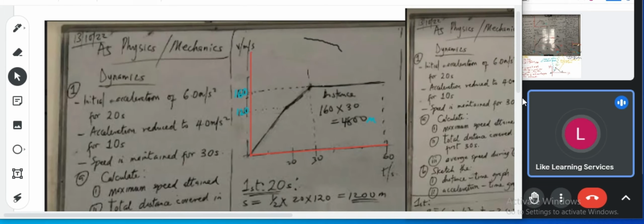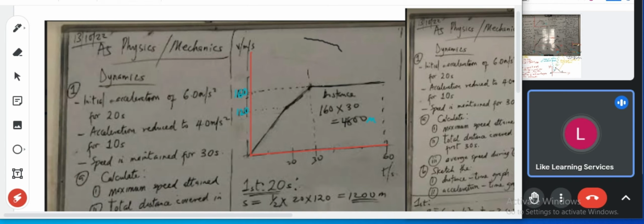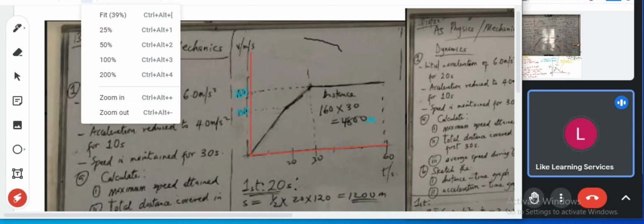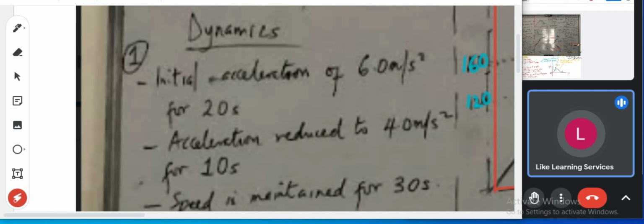I'm sharing on this screen. Look at this illustration. I think I can zoom it in to make it bigger. This is a motion of an object that started with an initial acceleration of 6.0 meters per second squared for 20 seconds. Can you see that?